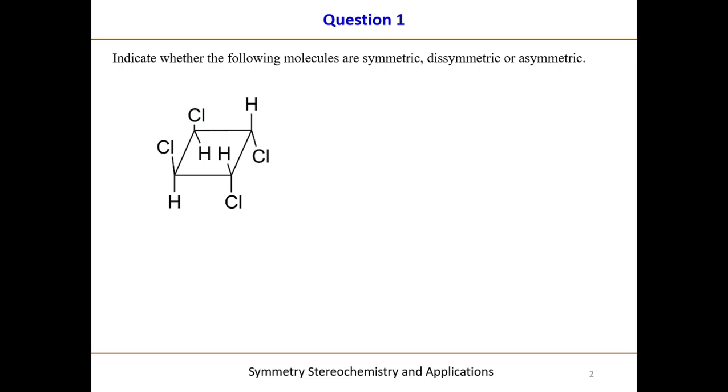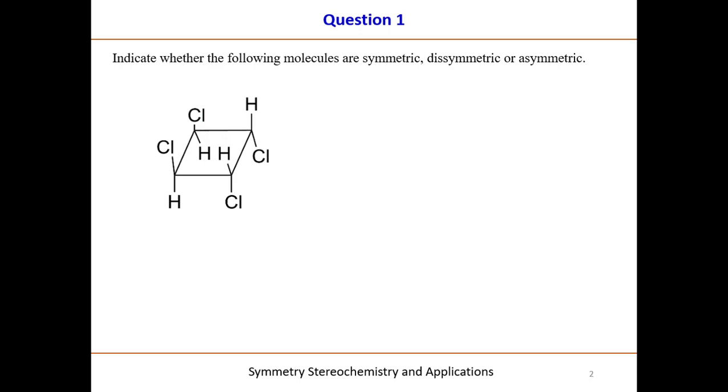So first, in every molecule, what do we have to see? First, we have to check whether an Sn axis is present or not. If an Sn axis is present, the molecule is achiral, or symmetric.